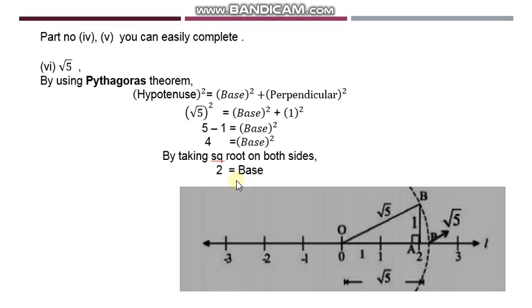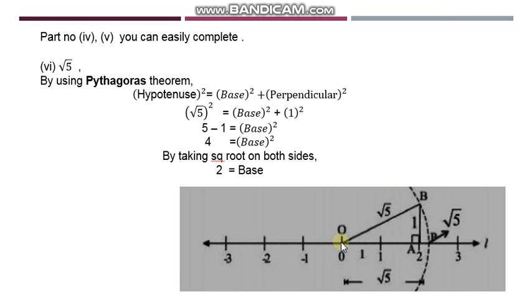Now let's draw these three sides on the number line. As we have base 2, so 0 to 1 and 1 to 2. This 0 to 2 length is the base, and on vertical we go upward. This 1 is the perpendicular. Now we will join 0 to this point B. This is the length of square root 5. Now after completing the triangle, we will take a pair of compasses.